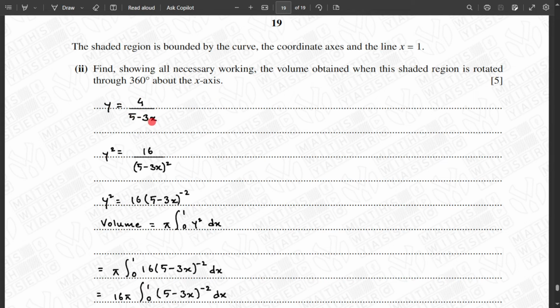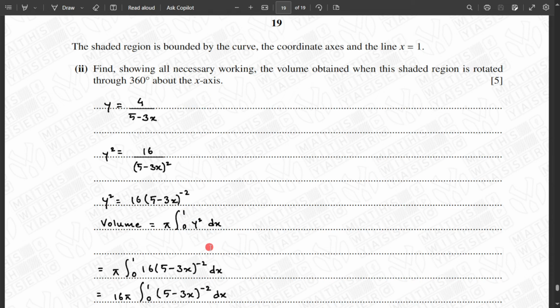So y is 4 over (5 minus 3x), so y squared should be 16 over (5 minus 3x) whole squared, or we can write it as y squared equals 16 times (5 minus 3x) to the power negative 2. The volume should be equal to pi, and we need to integrate with the limits 1 and 0.